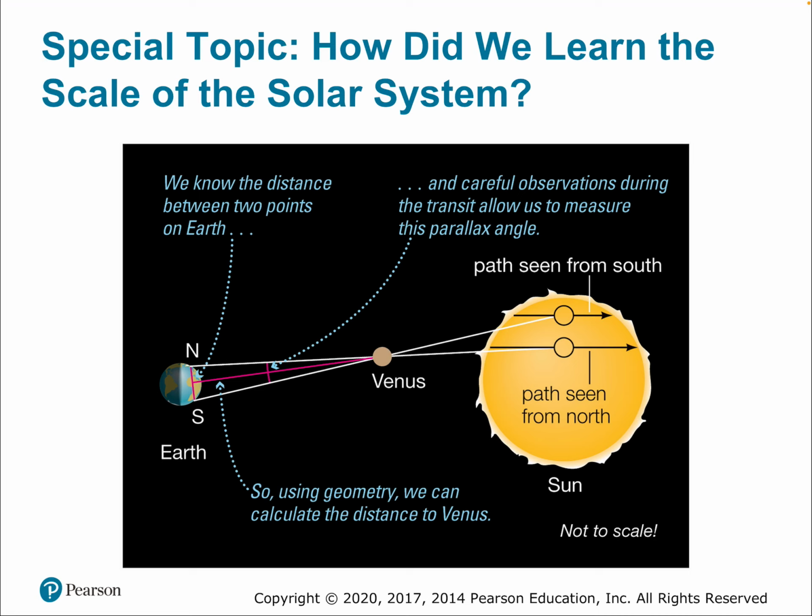All right. So the idea is we know exactly the distance between points on Earth. Follow me on this geometry here. Then we're going to carefully observe during a transit. That's when a planet, like Venus or Mercury, passes directly in front of the sun.